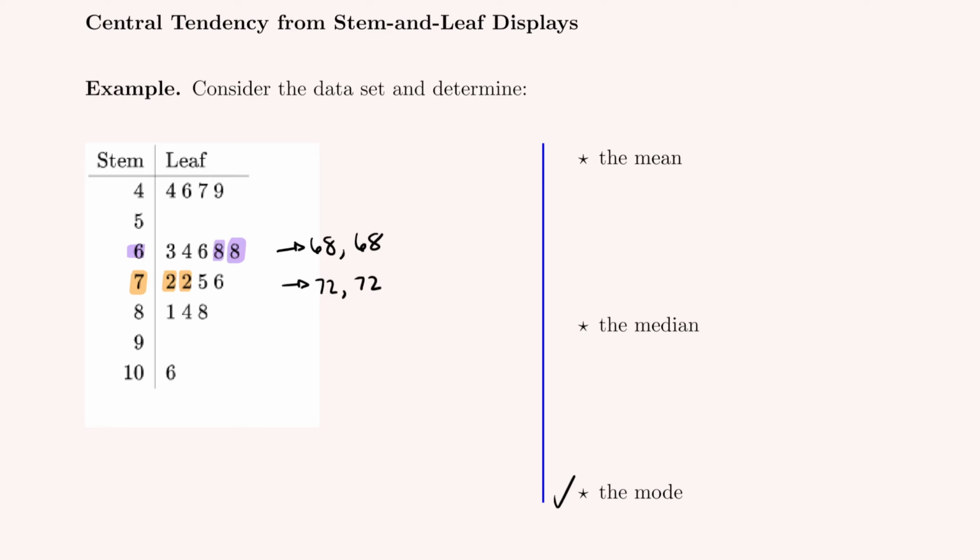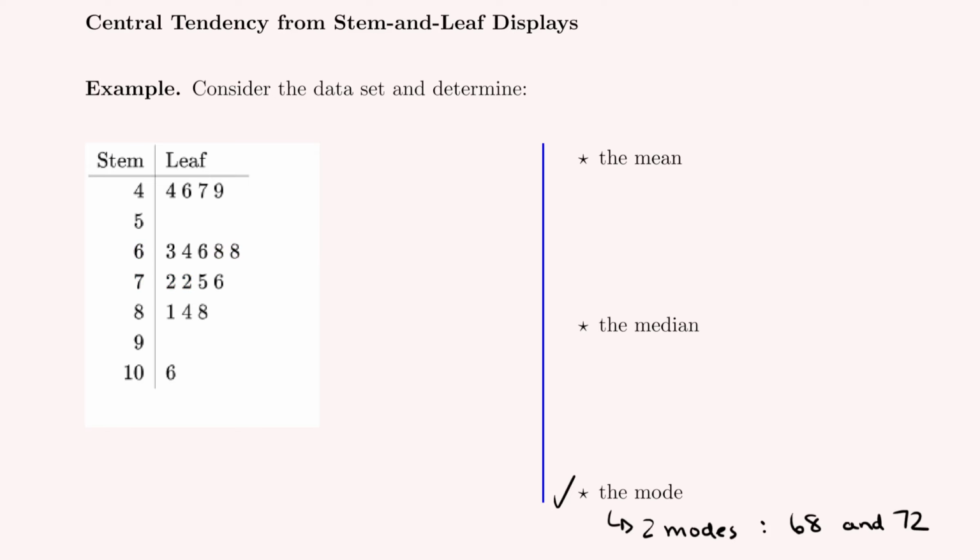So we see 2 numbers that are repeated twice, so they tie for most repetitions. So there are going to be 2 modes, and they are 68 and 72. This is an example with multiple modes because they tie for most frequently occurring.